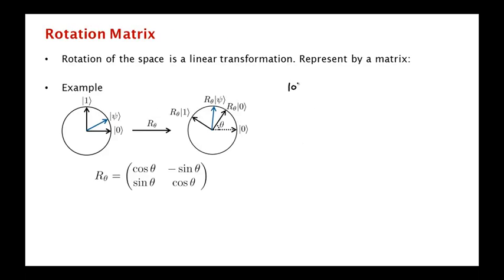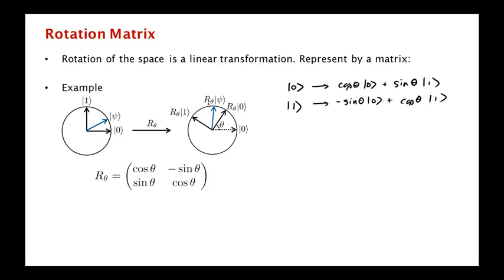What it means is that 0 gets transformed to cosine theta 0 plus sine theta 1, and 1 gets transformed to minus sine theta 0 plus cosine theta 1. Right? That's what a rotation through angle theta does to the basis vectors.